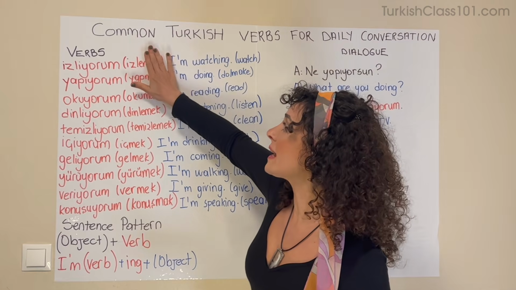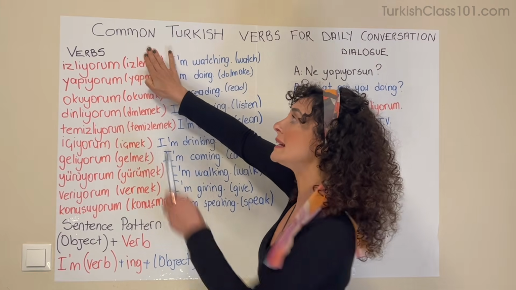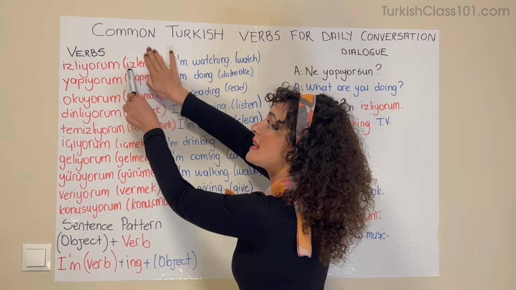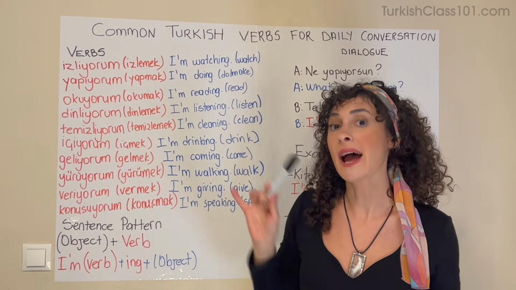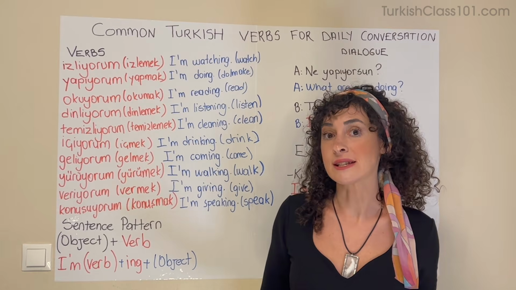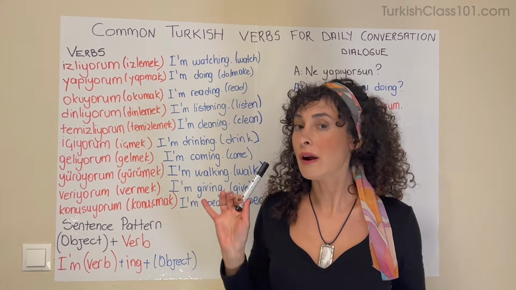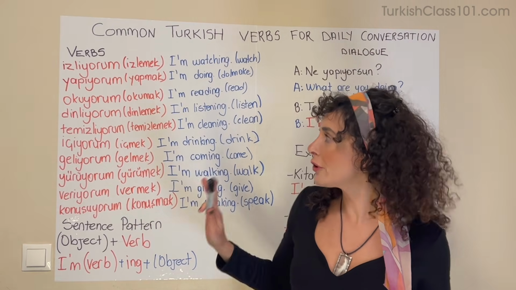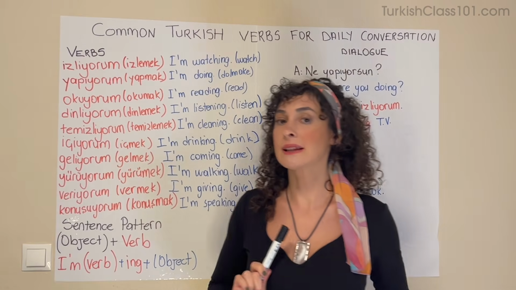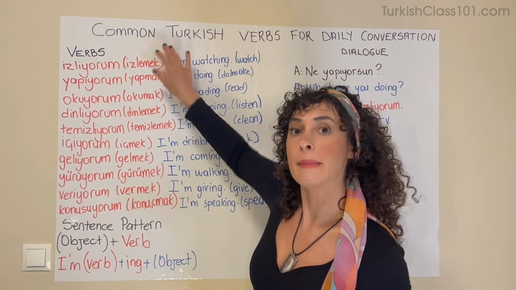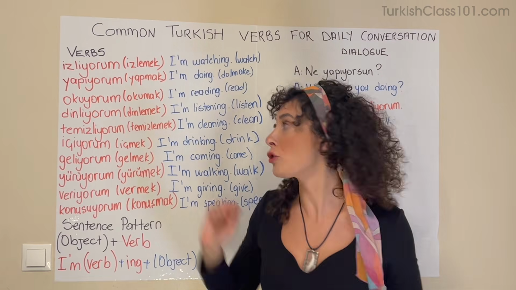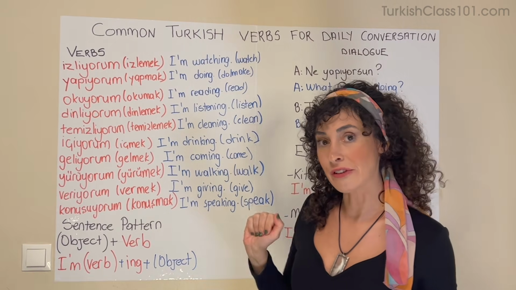You take it out and you only leave izle, okay? And after that, you add the suffixes to the verb. There are rules to that, but for now, just remember it like that. The logic is take the mek out of the dictionary form and then add suffixes.